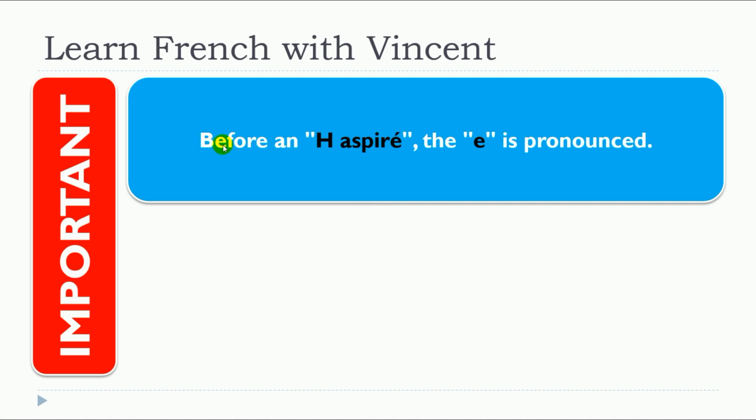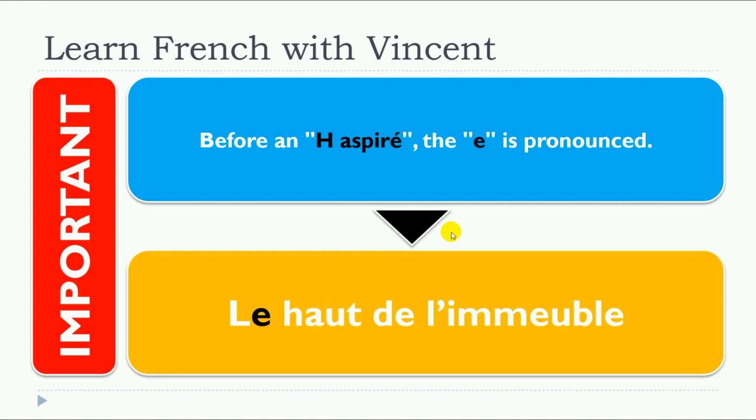Remember also that before an h aspiré, the e is pronounced. For instance, le haut de l'immeuble. In that case, the h is what we call h aspiré, so it means that you won't do the elision at all, you will keep your e here.